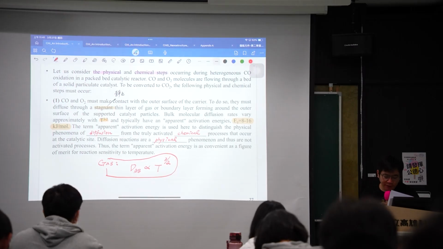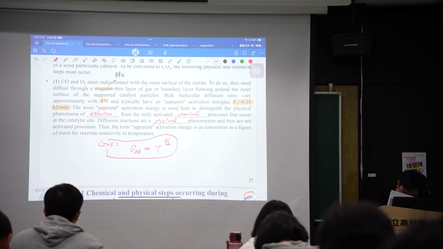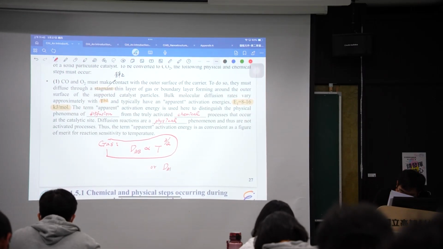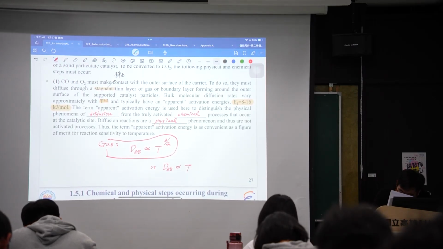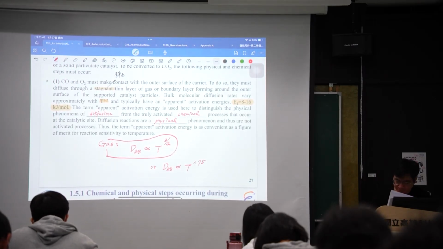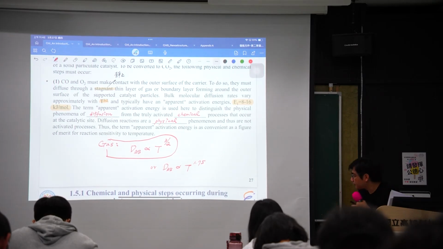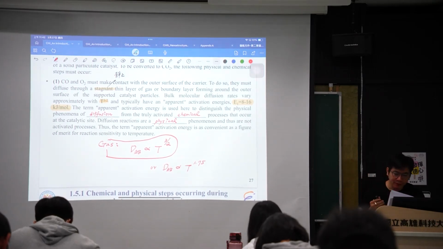Or there's another equation showing D_AB proportional to temperature to the power 1.75, right? Do you remember that? You just finished that course.